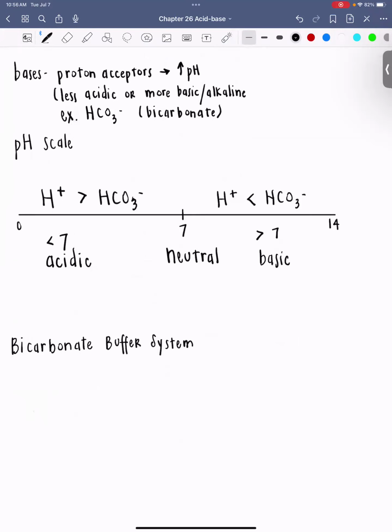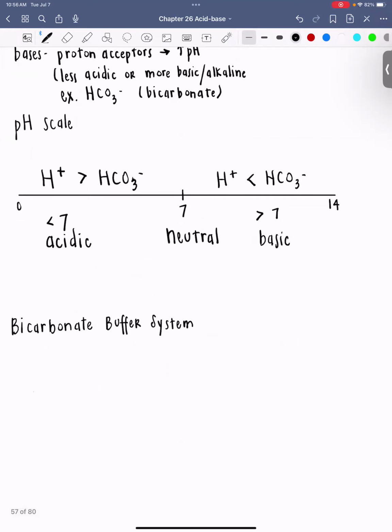So in chapter 22, you learned about the bicarbonate buffer system. You learned that most carbon dioxide is transported in the blood as bicarbonate. So this equation explains why.